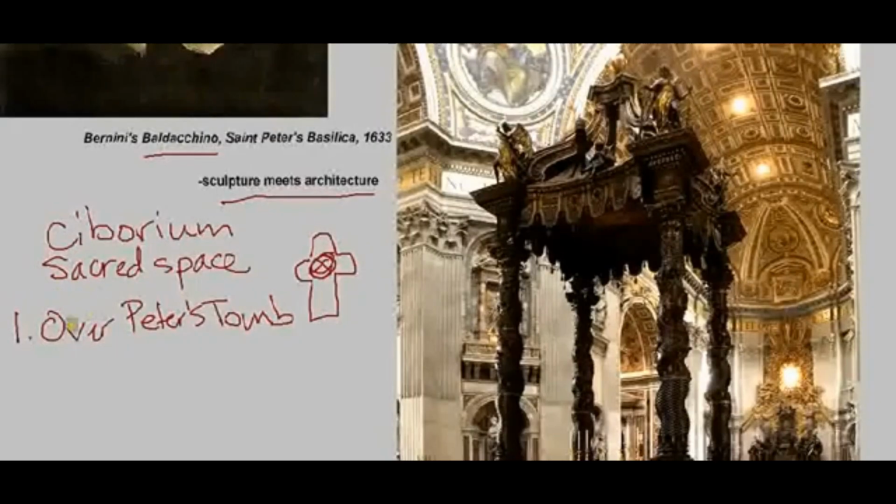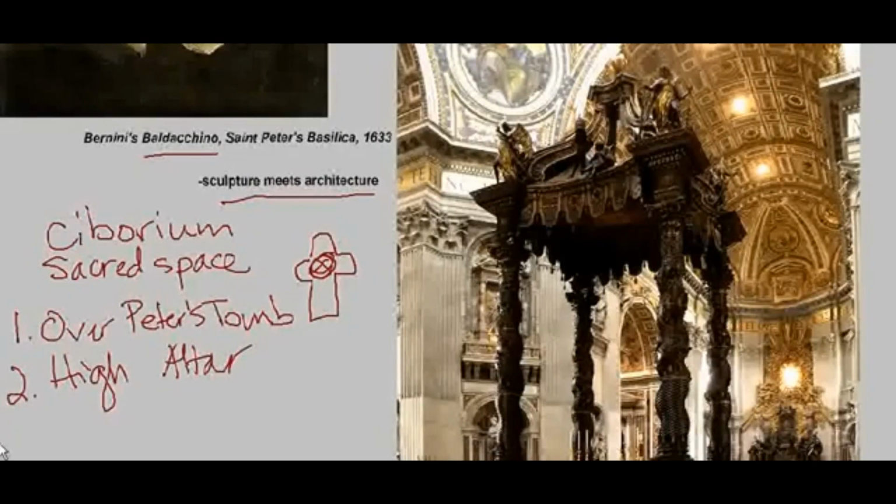Second important detail of the placement of this baldacchino is that it frames the high altar. And that's important because it literally draws the visitor's attention to the focal point of the church, the most important part of the church, which is where the sacrament takes place.